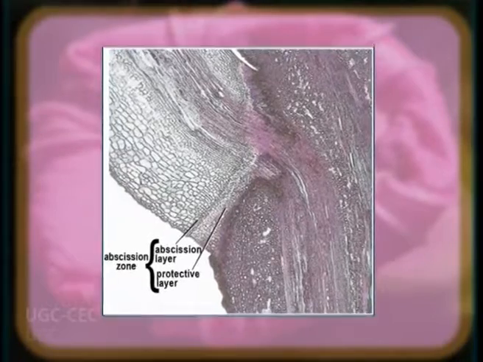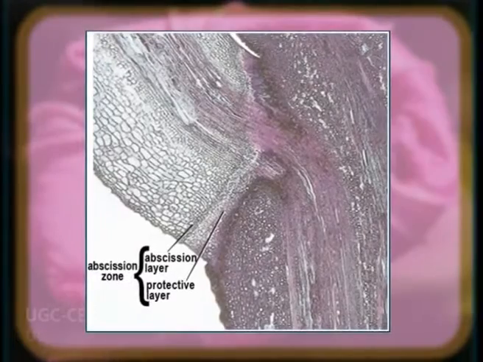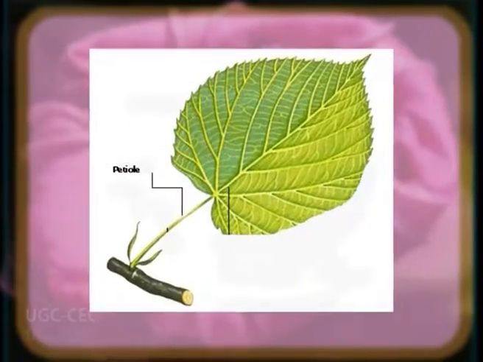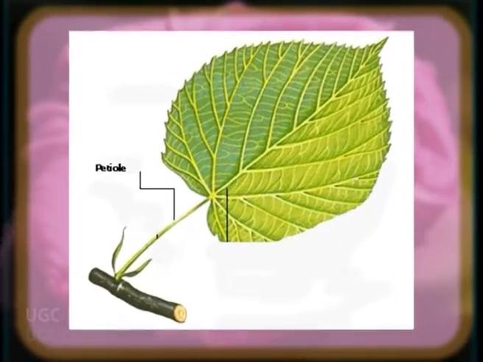Abscission occurs as a result of the development of a special layer of cells called the abscission layer near the base of the petiole. As the organ ages, the cell walls in the abscission layer weaken and eventually separate.